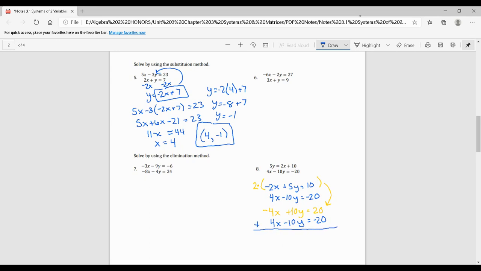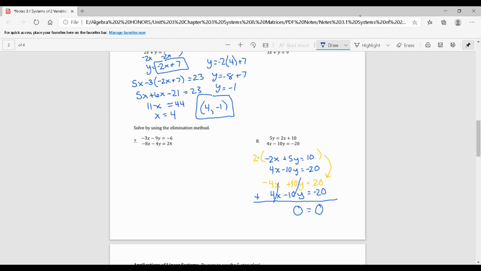When I add the -4x and 4x together, it cancels. Gone. 10y and negative 10y also cancel. What I'm left with is 0 on the left-hand side, and on the right-hand side, I also get a 0. What happened here is that the variables completely canceled, and it's a special case. I get a true statement.